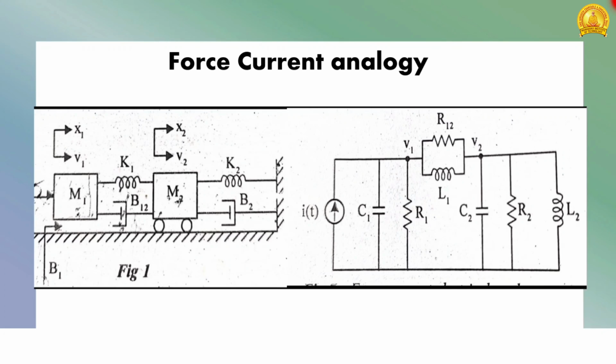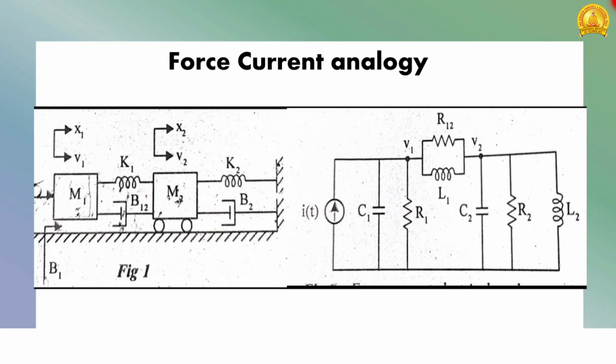Two elements will be having the same voltage when they are connected in parallel. So connect these analogous elements in parallel between the nodes. That means we have to connect the analogous elements of K1 and B12 between the nodes V1 and V2 in parallel combination.